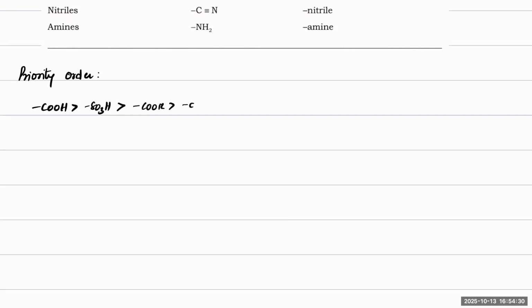Then anhydrides first and then esters. Then we have acid chlorides, amides, nitriles, then aldehydes, then ketones.